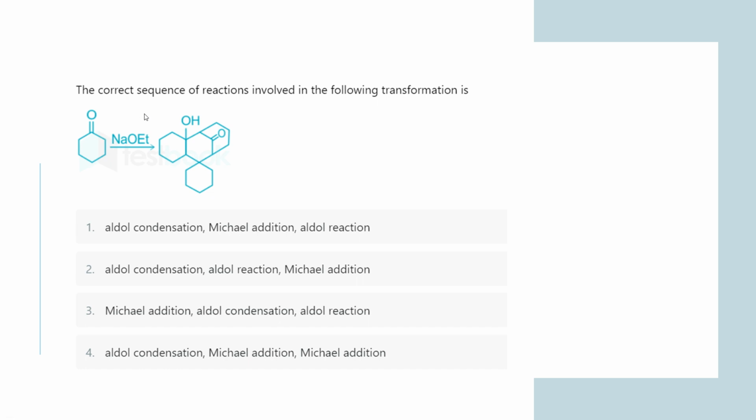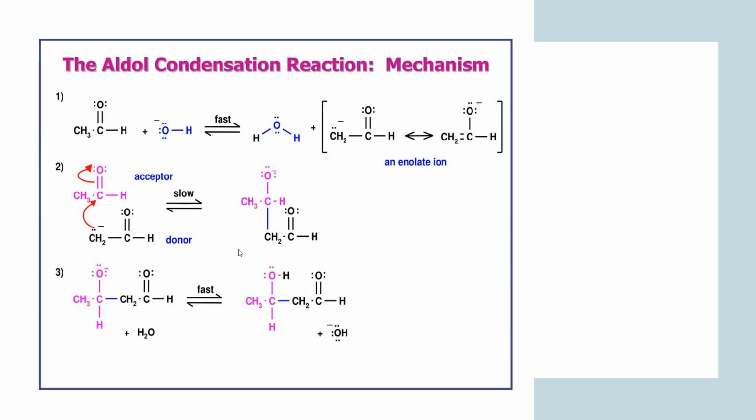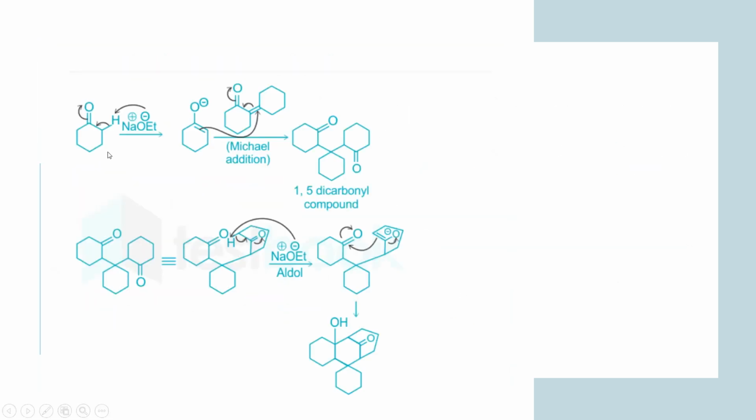After completion of this aldol condensation, you are going to get a product which is going to be this one. First, aldol condensation is going to give you this product.